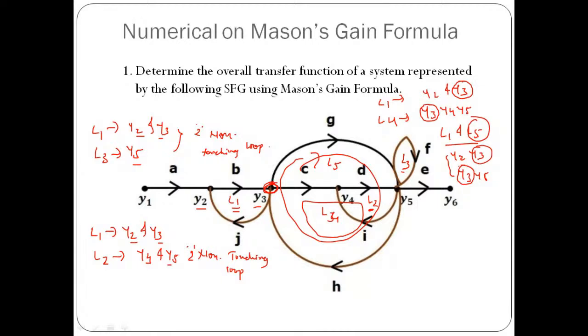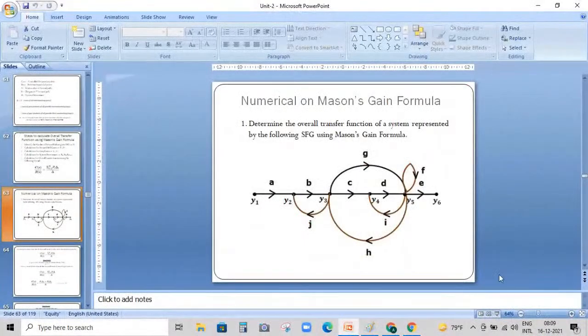Touching, we don't need to take care, because while calculating the value of delta, or say delta 1 or delta 2, we need to take care of only those pairs of loops which are non-touching with respect to each other. That is important. So if you understand this, now it is very easy to apply Mason's gain formula to find out its corresponding transfer function.